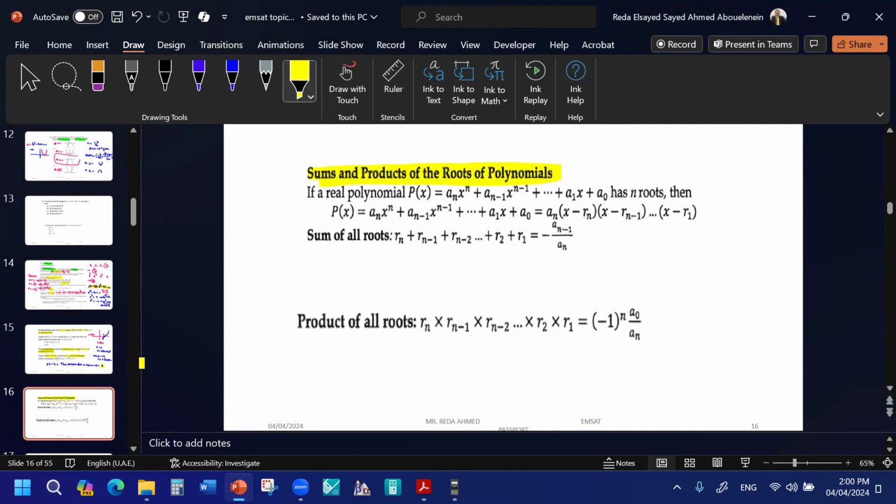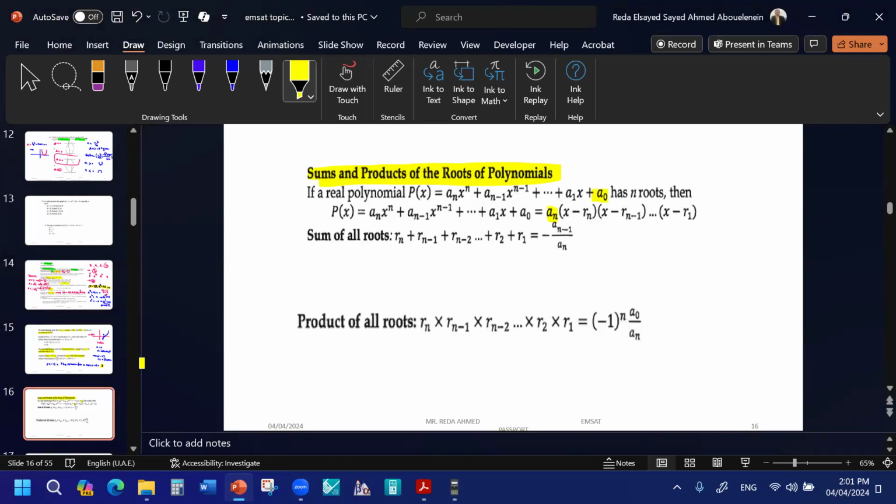If a real polynomial is an x to the power n, an minus 1 x to the power n minus 1, down to a node, and has n roots, then f of x will be an times x minus r n, multiplied by x minus r n minus 1, down to x minus r1.